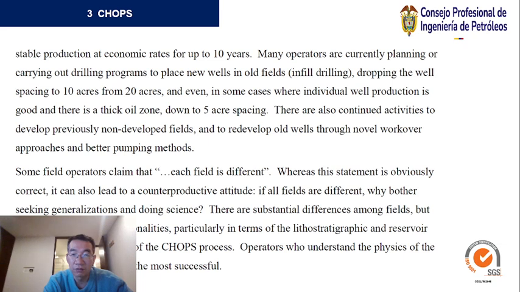If all fields are different, why bother seeking generalizations? There are substantial differences among fields, but there are also major commonalities, particularly in terms of regional geology and reservoir conditions, and the physics of the CHOPS process. Operators who understand the physics of the CHOPS process tend to be most successful.